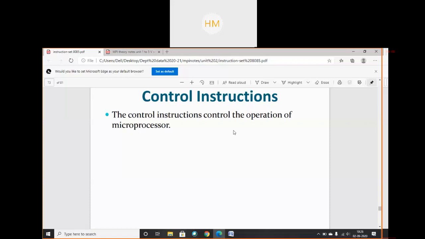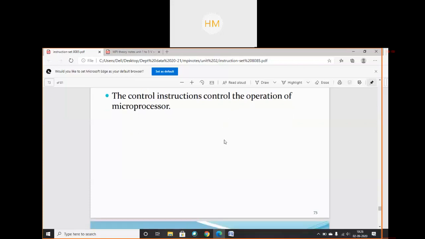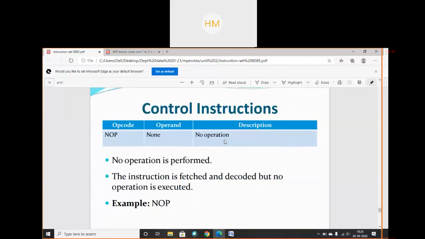What do you mean by control instructions? These are used to operate the microprocessor IC. When any peripherals are connected or we are taking stack data, we are taking input output data, then to handle the machine, we require these machine control instructions. So in this series, we have first instruction as NOP. Operands are none and it performs no operation.